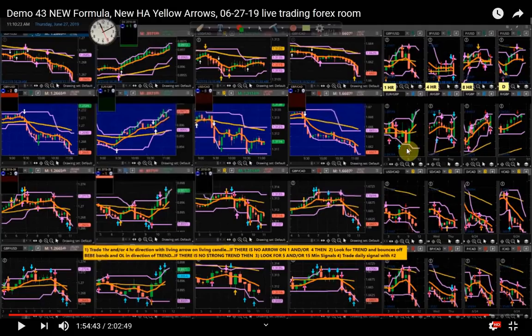GCAD, daily's disappeared, right off the 8-hour orange line. This is a really strong trend as well, guys, so you know that's going to smash daily BB bands, 8-hour BB bands, 4-hour BB bands, and that's what it did. And look at the double top, bang, bounce, down. So that's the answer to that one.